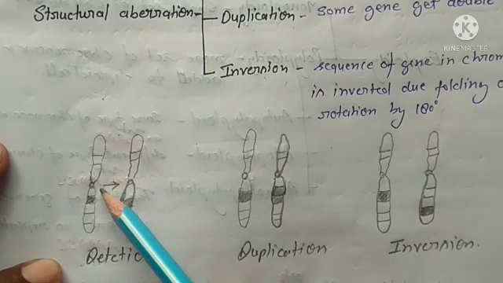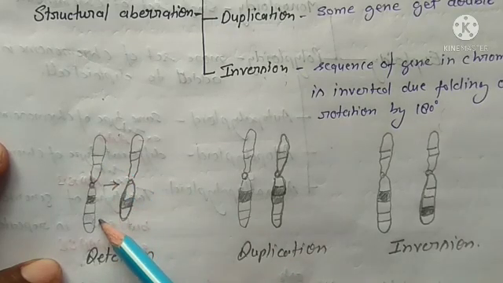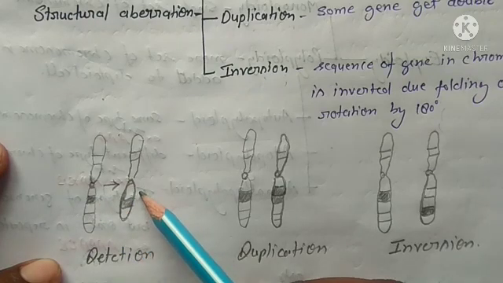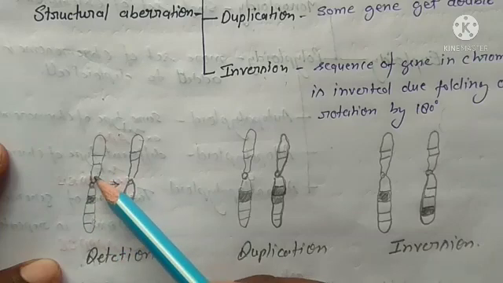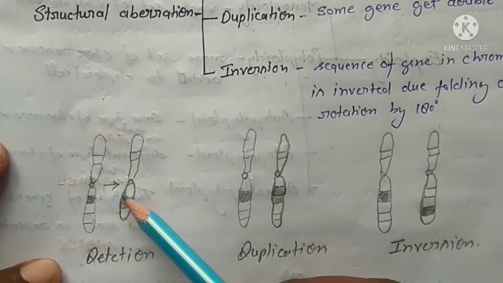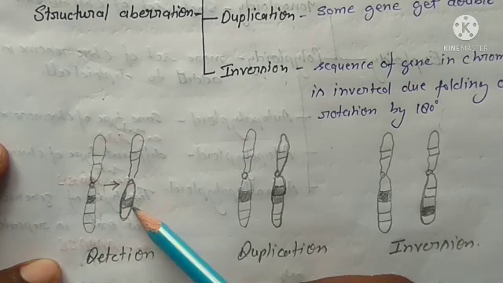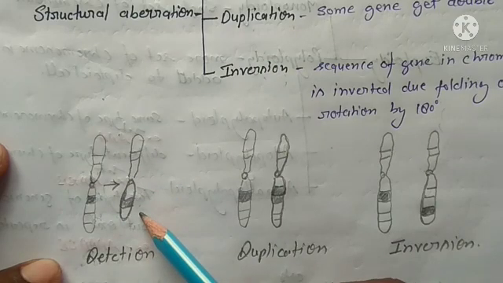This is the structure of the chromosome. In this structure we observe that this part is deleted. These are the chromatids of the chromosome. Two structures are present, but here this structure is absent. So this type of aberration is known as deletion aberration.